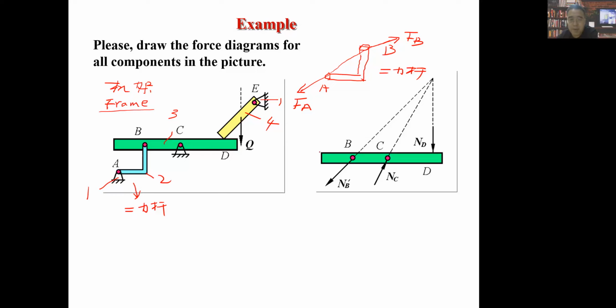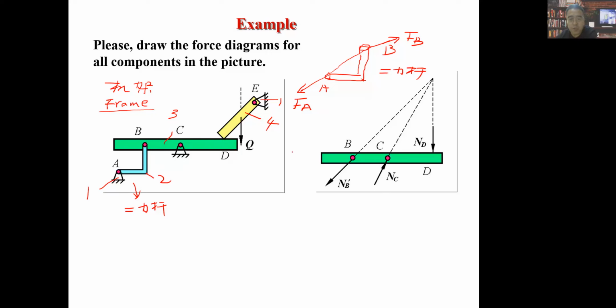So if we select this horizontal rod, which has a green color, to be analyzed, we should free it from the whole system here. So we should remove this constraint here, and we should remove this constraint here. And here, there is a smooth contact at point D. Then I should draw its active force first, but the whole body has no active force.